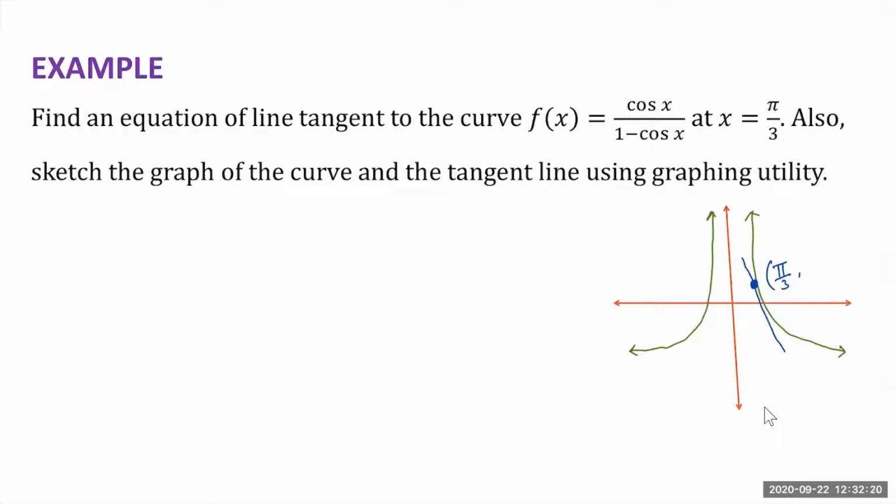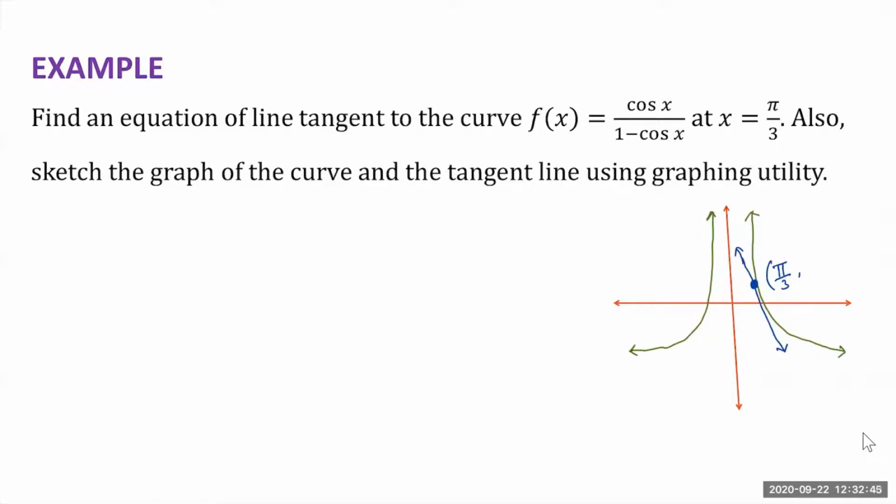It will touch there, and this will be my tangent line. That means when you go from left to right, the line is going down, so my slope should be negative. Also, the tangent line will cross the y-axis somewhere there, so the y-intercept should be positive. That is what I know.